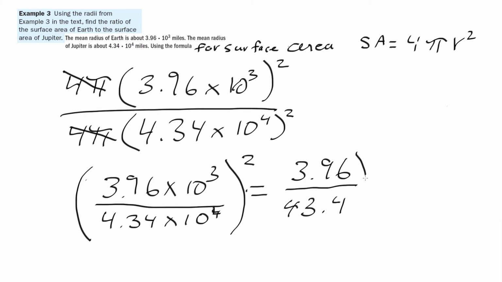So I'm going to take my result and square it, and that'll give me the ratio of the surface areas between Earth and Jupiter. So let's see, 3.96 divided by 43.4 equals, okay, and we square this.